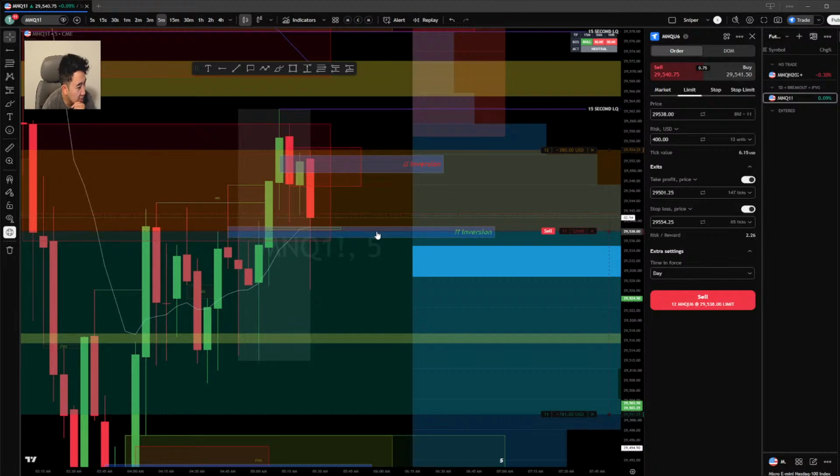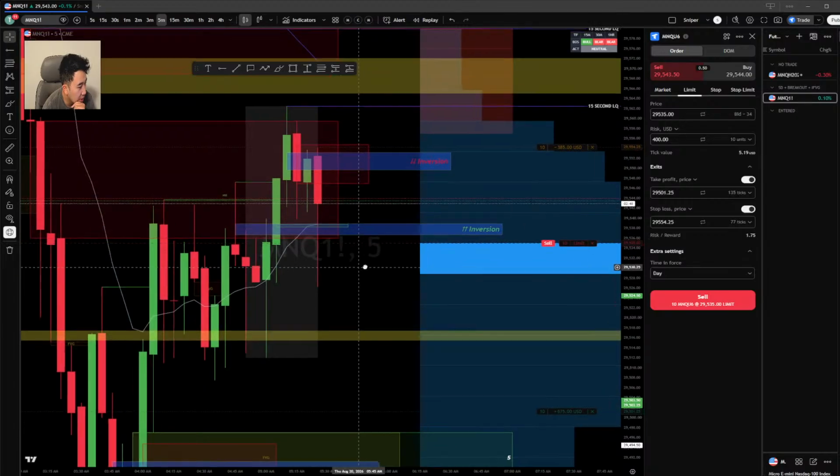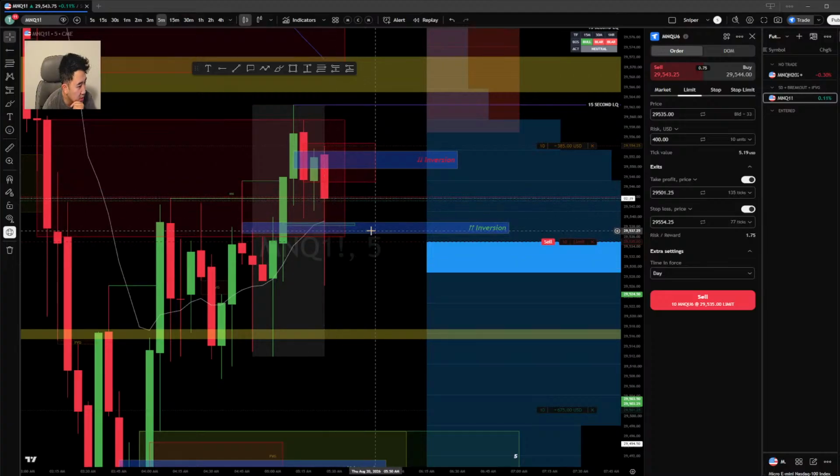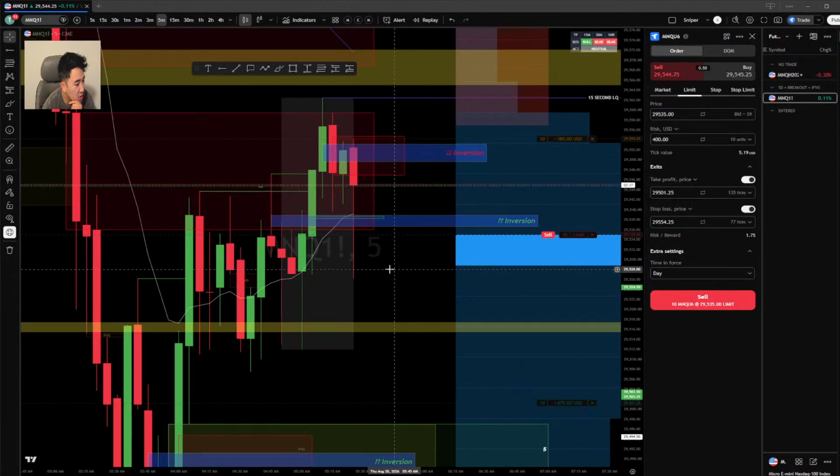If it closes inside of the bullish inversion, I want it to trace back up, take out that high, and then continue back down for entry. A stop entry for shorts where it originally closed inside the bullish inversion.